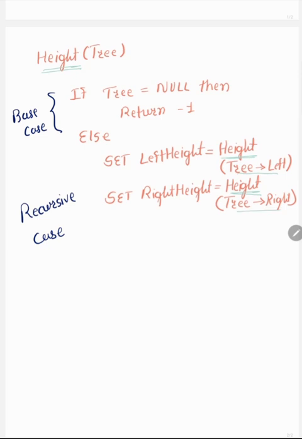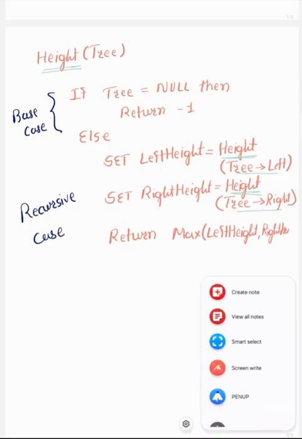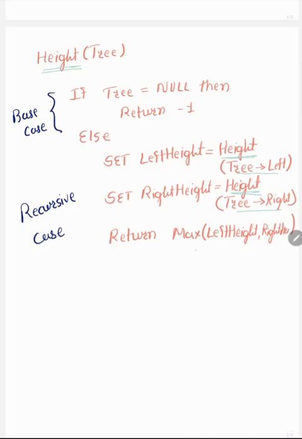And then what I need to do is return max of left height and right height plus 1. This I need to return.